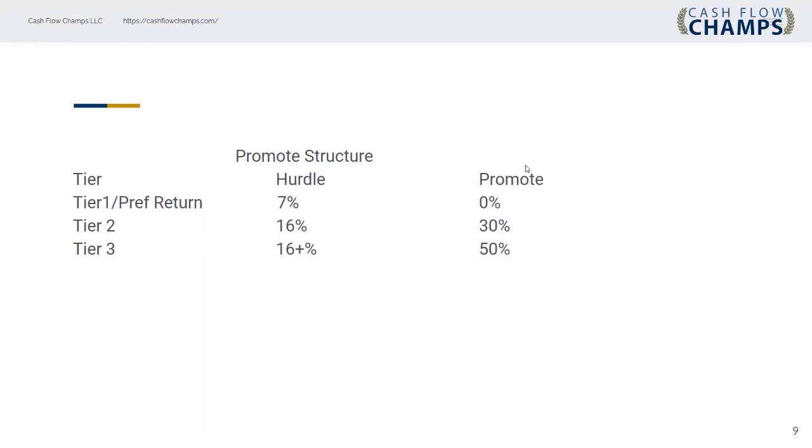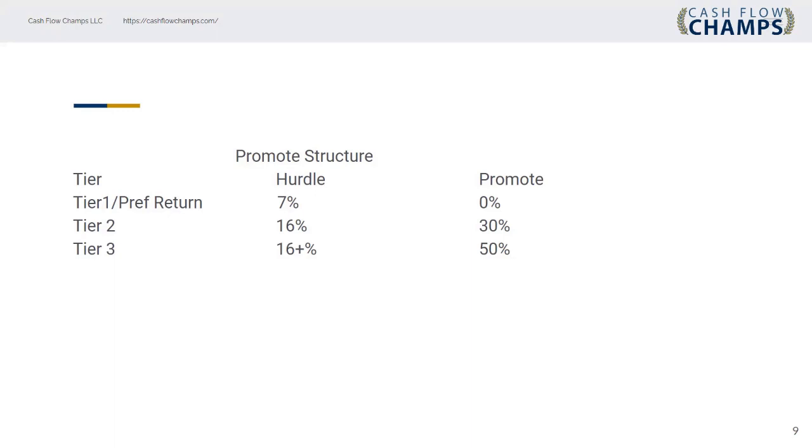Now, after you meet that 7% and that's satisfied, the sponsors are entitled to 30% of the cash flow from the investment. So if you have an IRR between 7 and 16%, the sponsors receive 30% of the promote.